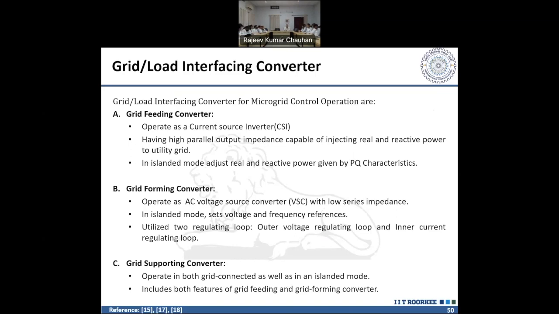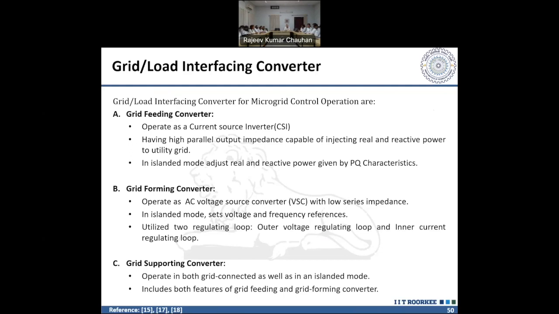In islanded mode, we normally use grid forming. In grid connected mode, we will use grid feeding, and grid supporting operates in both grid connected as well as islanded. So when it is grid connected, they work as a CSI. When the grid is off, they work as a VSI.